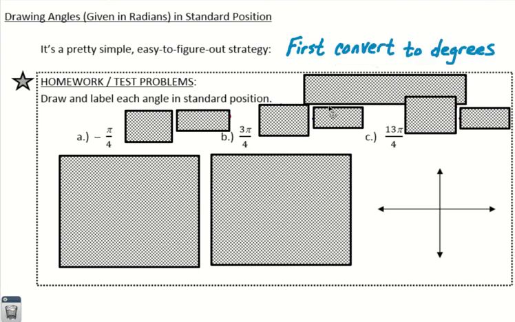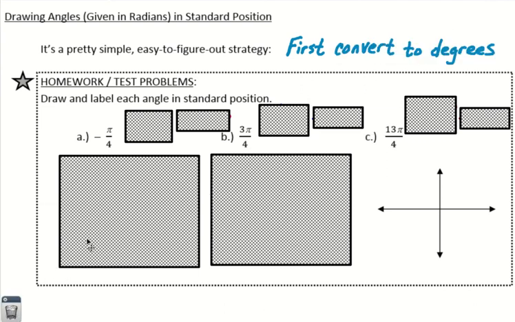First, convert to degrees. So how about we officially start using the shortcut now? Remember, that just means replace pi with 180 and it'll be in degrees. So bam, bam, and it turns out that negative pi over 4 is negative 45 degrees.